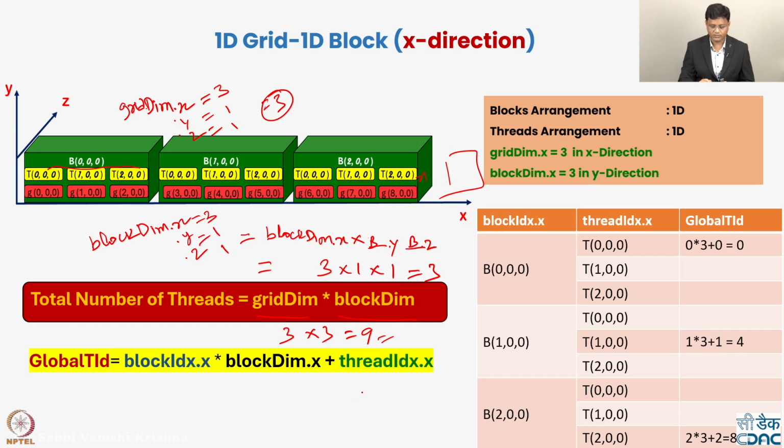Now, let us calculate the block global thread ID, and why it is important to calculate. I will give you a small example.